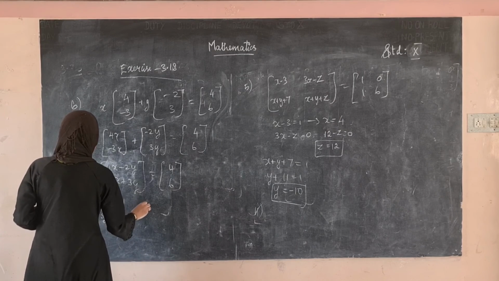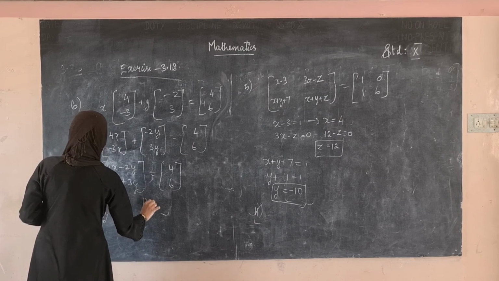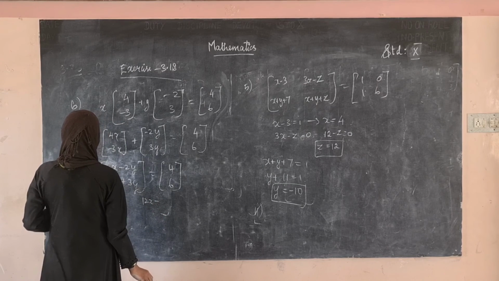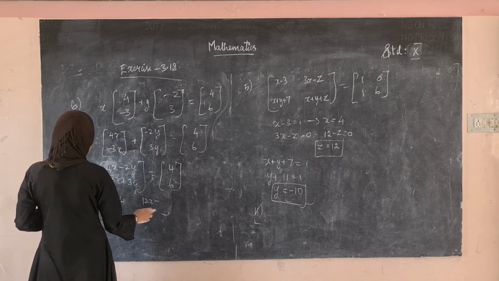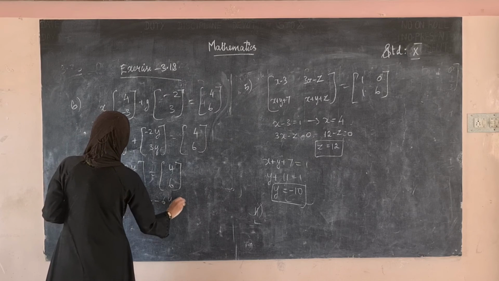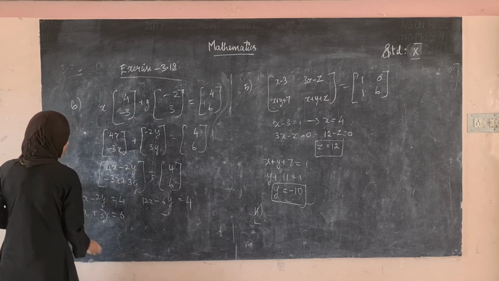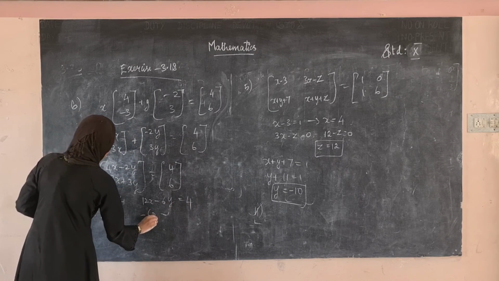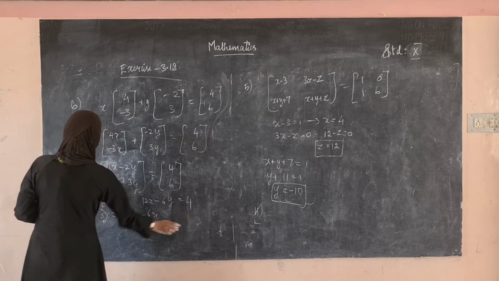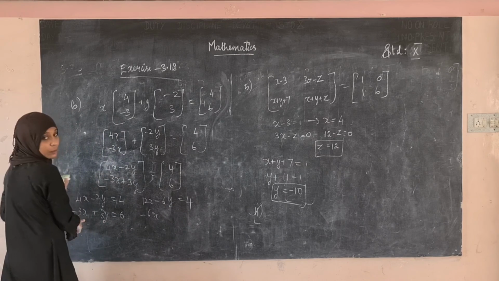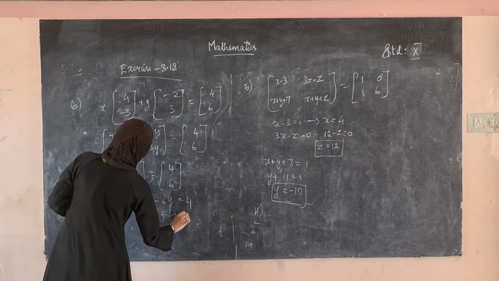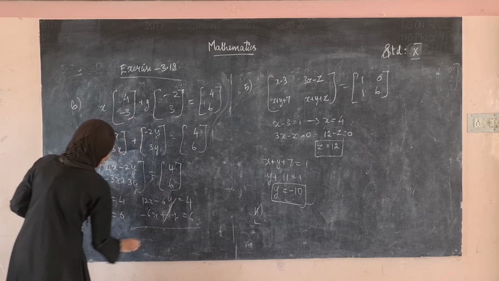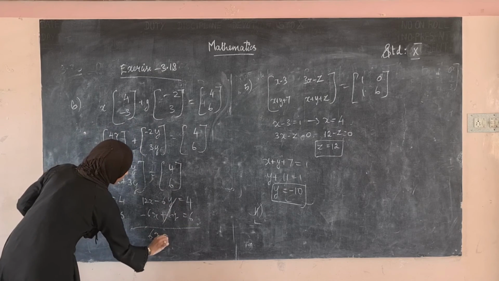What it becomes? 3 times 4 is 12x minus 6y is equal to 4. This should be multiplied with 2: minus 6x plus 6y is equal to 6. Okay, 6x is equal to 10.